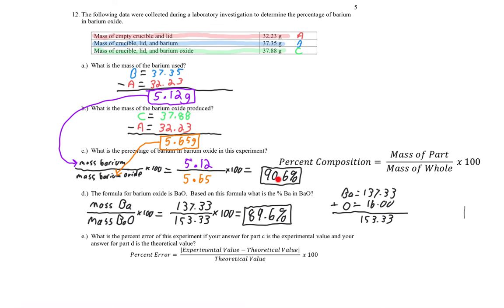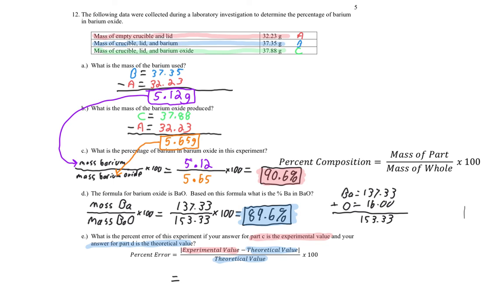So I have an experimental percentage, what I would say the percentage was from the experiment itself, and I have the theoretical value, which is what I would determine based on the formula and using math itself. So the experimental value, my answer to number C, is going to go right in the equation here for experimental value. My theoretical value is my answer for D. It is going to go into the two spots marked theoretical value.